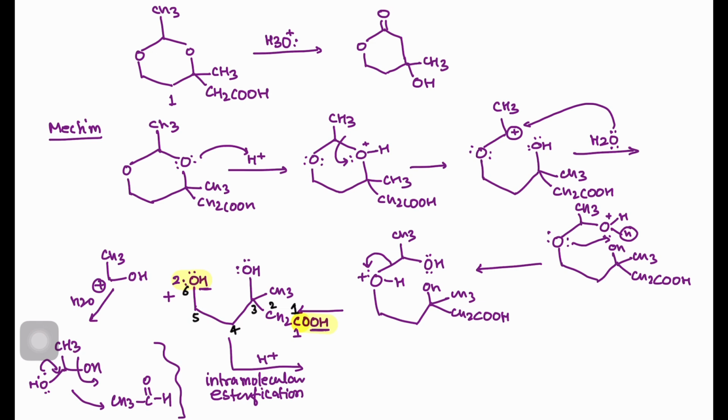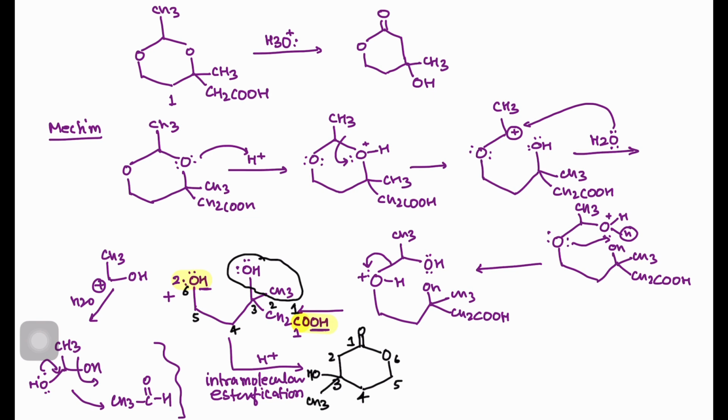And let me draw the 6-membered ring. It will be a cyclic ester like this. This carbon I have given as first, then second, then third, then fourth, then fifth, and this oxygen is sixth. On the third carbon, we have 2 groups present, that is basically alcohol and methyl.